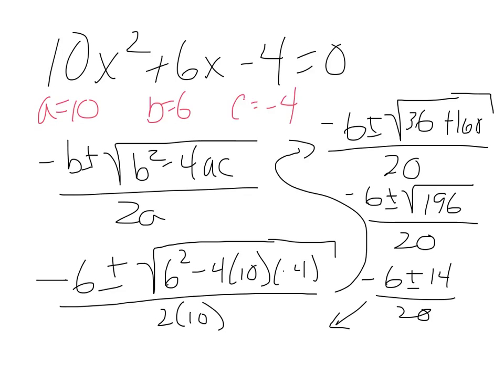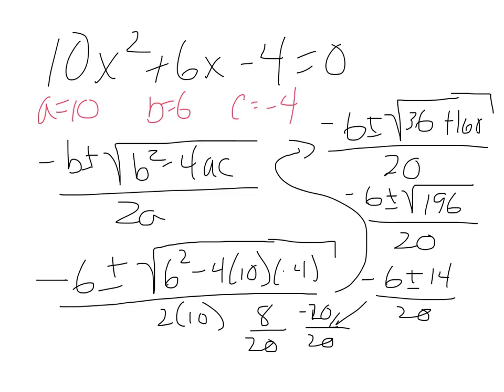So one of the answers is 8 over 20. Okay? And then the other one, negative 6 minus 14. What's negative 6 minus 14? Negative 20. The other answer is negative 20 over 20. Okay? Does that make sense?